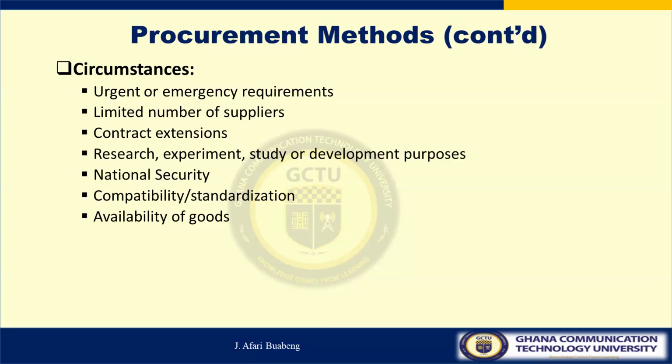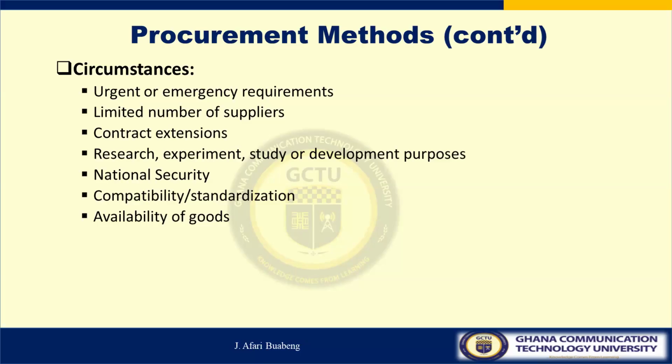Because you've been doing market research, once we talk about this type of product, we can only get it from 2 major suppliers in Ghana. So if you still go ahead and use competitive tendering method, you still come back to the same supplier. So there's no need using competitive tendering method.